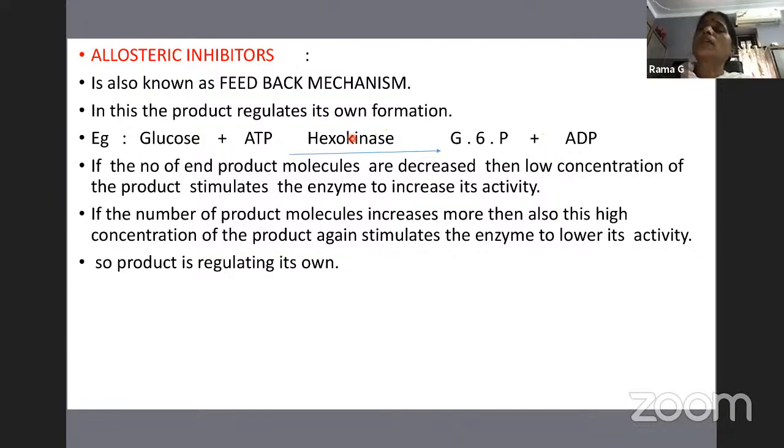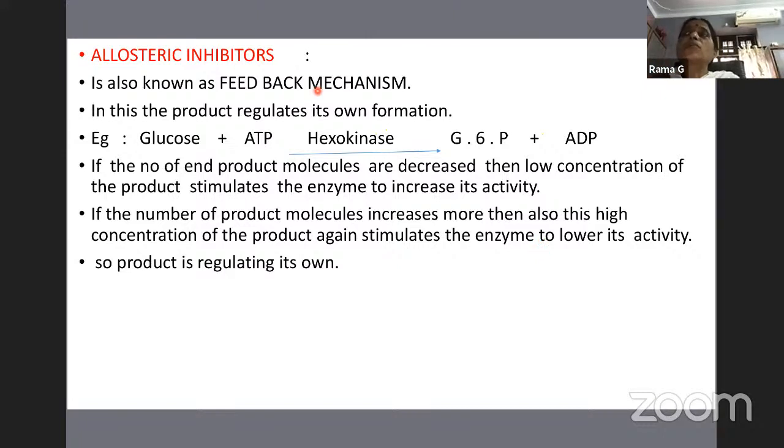And if the end products are produced more than the expectation, then with the high concentration of end products, they again stimulate the enzyme to lower its activity. So anyhow, the end products regulate themselves by stimulating the enzyme. That's why allosteric inhibitors are called a feedback mechanism.